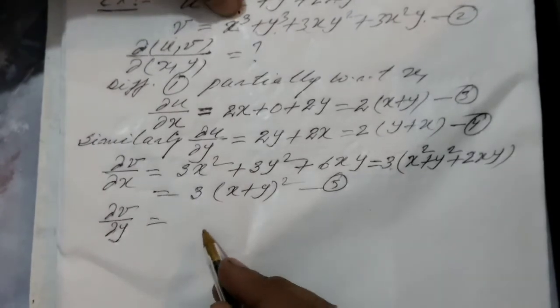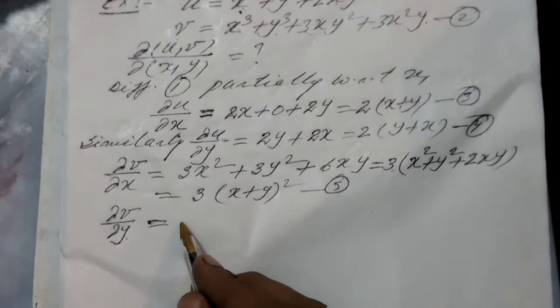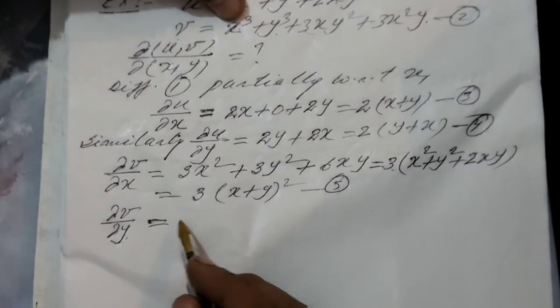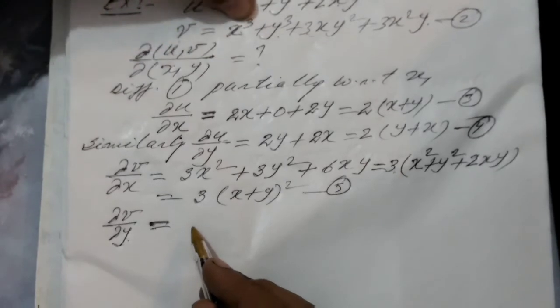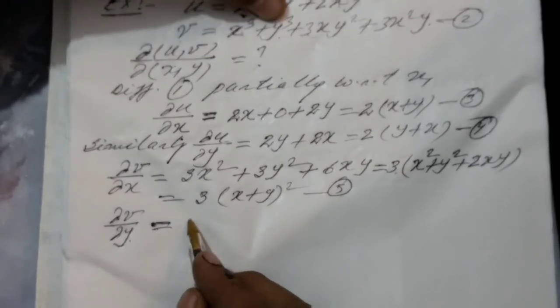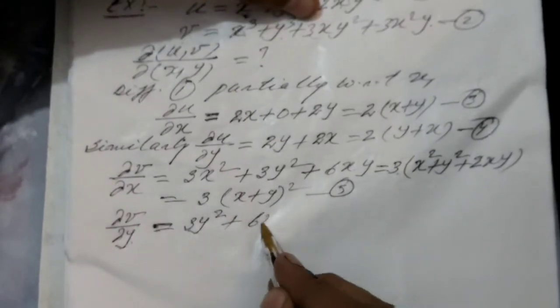So here x cube is constant because it is a partial differential with respect to y. So the terms of x are considered to be constant. So the partial differential of x cube with respect to y is 0, and partial differential of y cube is 3y square, plus here 6xy, plus, and here 3x square.